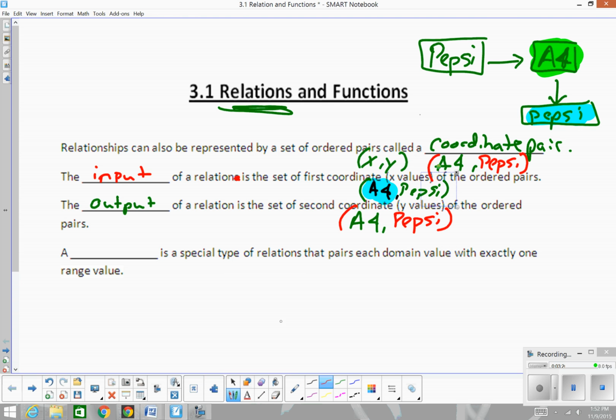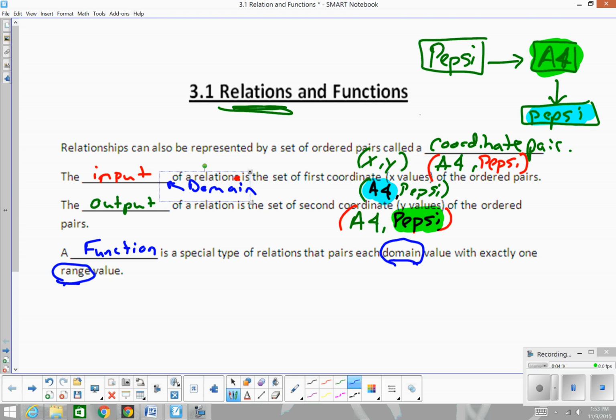So let me get a highlighter. Let's go with green, and that's my output. Now, when I put this all together, a function is a special type of relation that pairs each domain value with exactly one range value. Now, these are new words that I'm going to tie into words that I just wrote. So I can use input, or I could use domain.